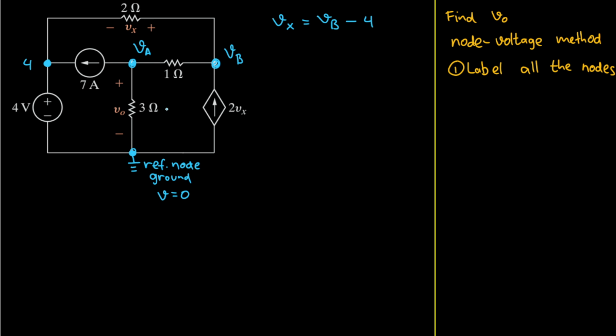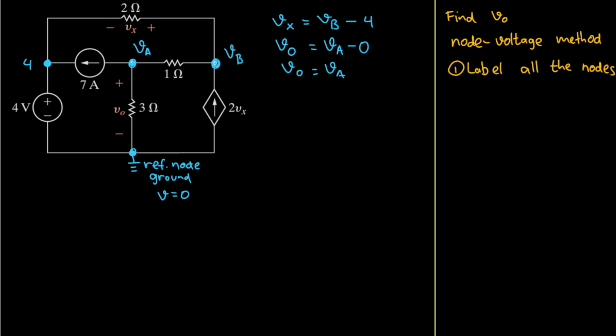And V0 is the difference between two nodes, VA minus 0. So V0 is equal to VA. This is all the information that we can extract from the circuit.